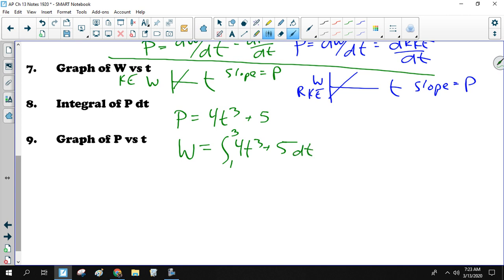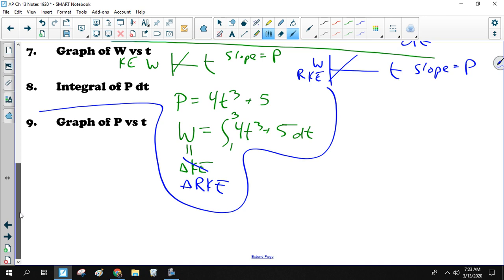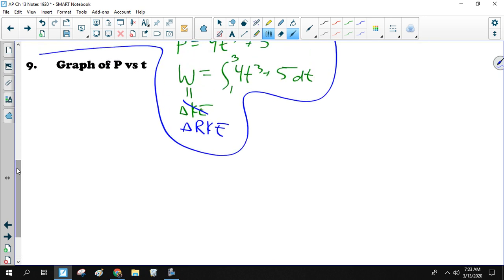And so I guess the only thing to remember there is that your work, once again, could be your change in kinetic energy. For angular, it's all exactly the same, except this becomes change in rotational kinetic energy, right? Okay. So that is number 8. And then finally, this last one with your graphs.